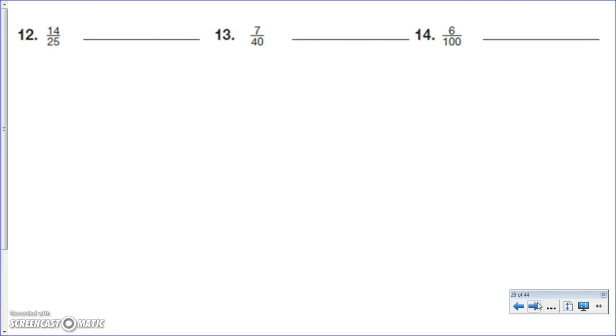For 12 through 14, we're going to continue writing these as decimals from fraction form to decimal. So 14/25, just like the last problem, we know 25 goes evenly into 100, so we're going to set up the proportion or the ratio again.